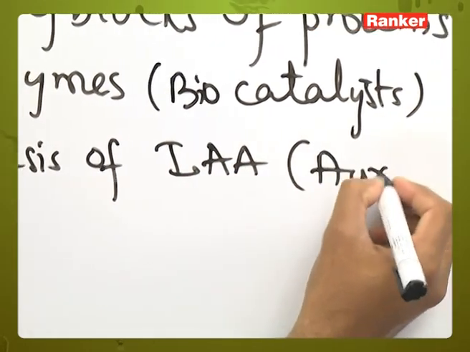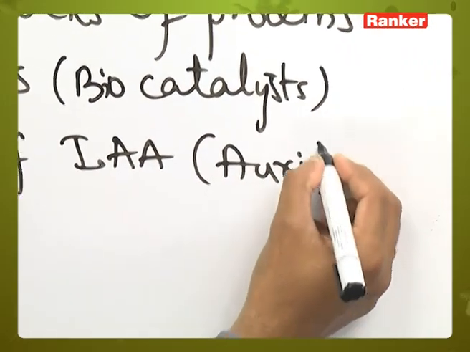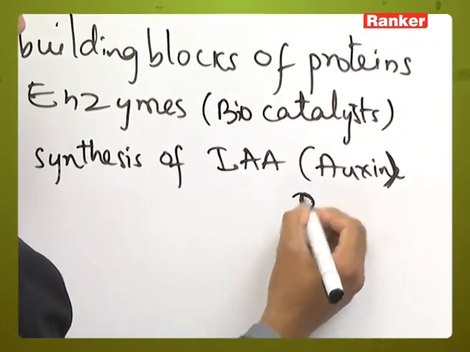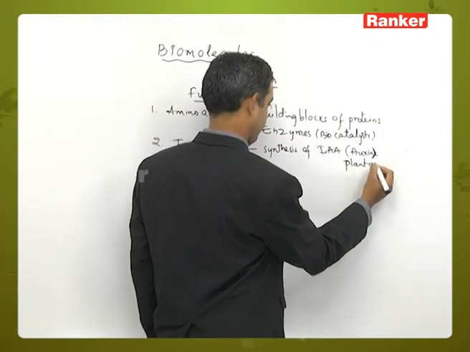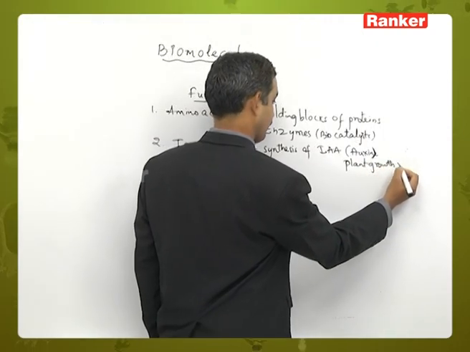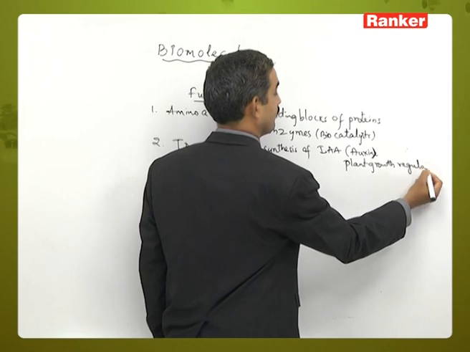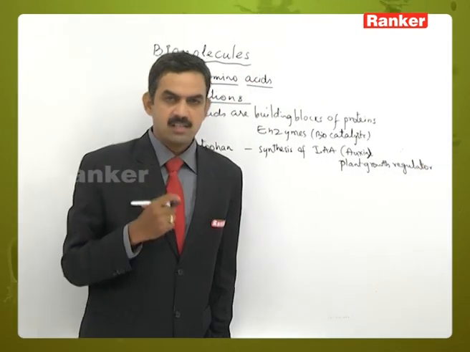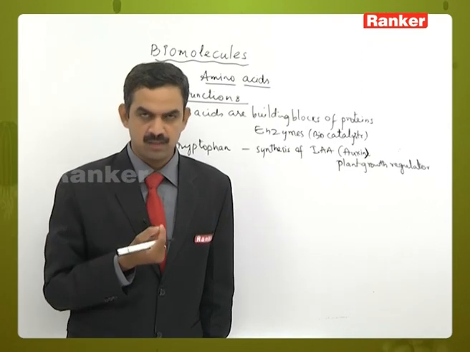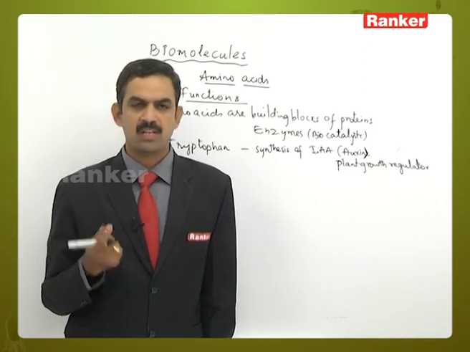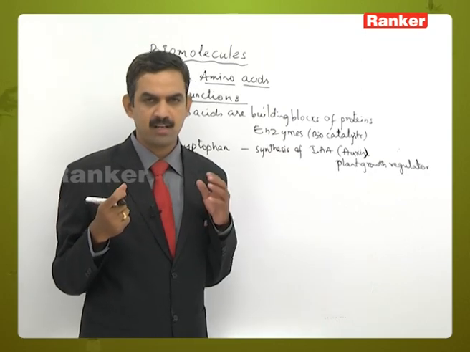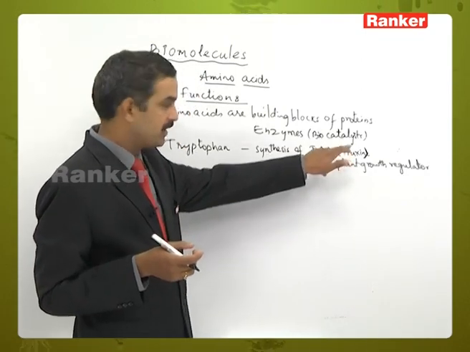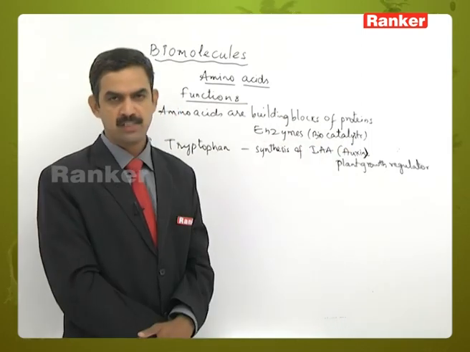IAA is an auxin, a plant growth regulator. Simply to say, auxin is required for root initiation and also apical bud formation. Many such functions are there in a plant. So if that function has to be performed, auxin should be there. For auxin to be there, tryptophan should be there.